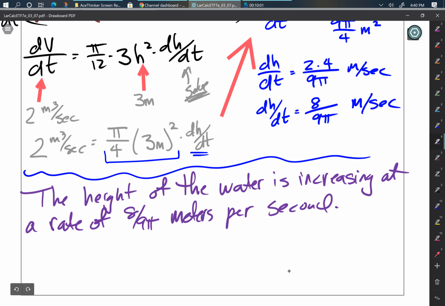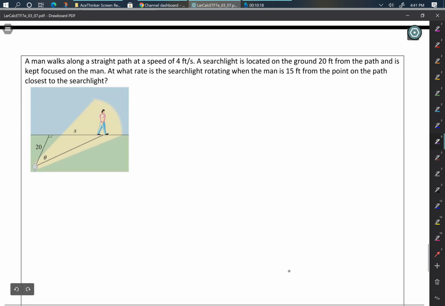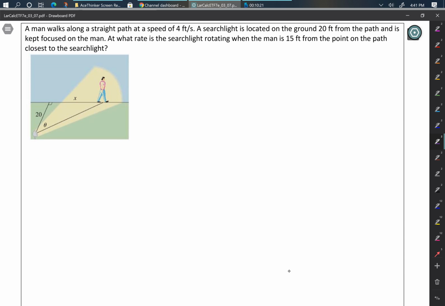Now, if you really want to be really specific, you could say at 8 over 9 pi meters per second when the height is 3 meters and water's being pumped into the tank at 2 cubic meters per second. We don't have to necessarily be that specific every single time. Okay? All right.